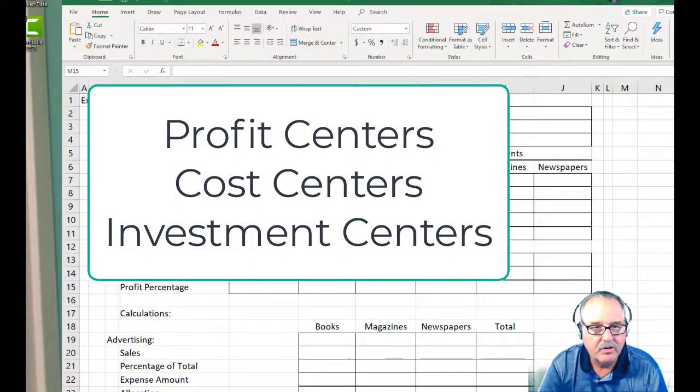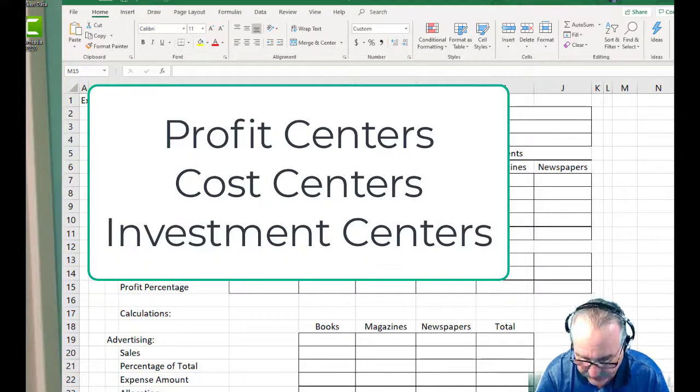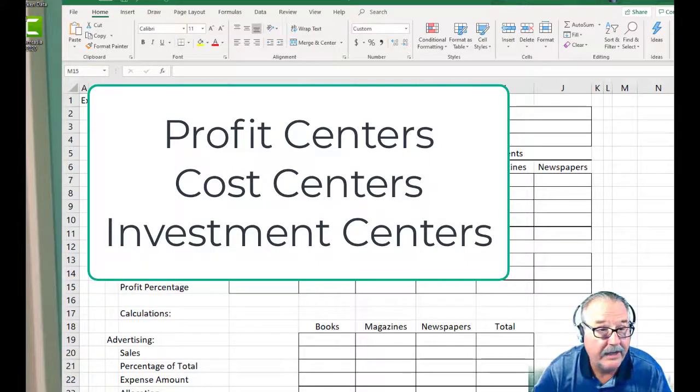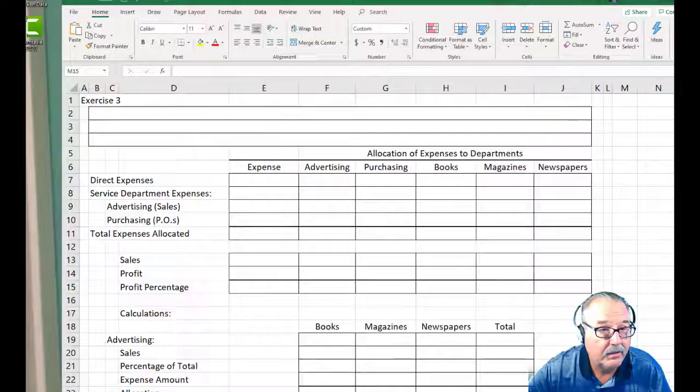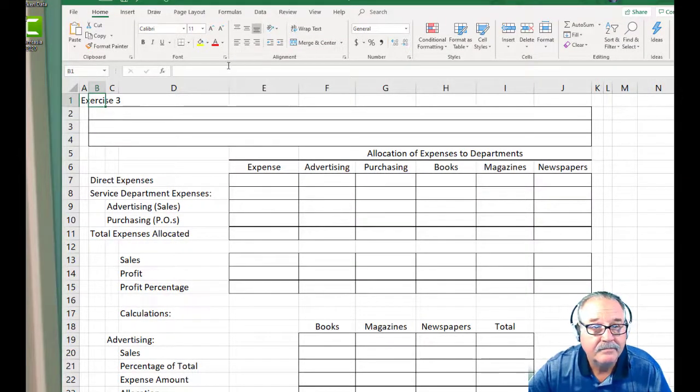I'm going to start with a simple exercise, exercise 22-3, and let me put that up above so that it's obvious.